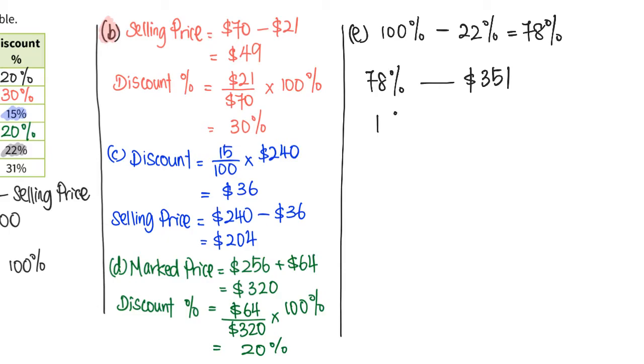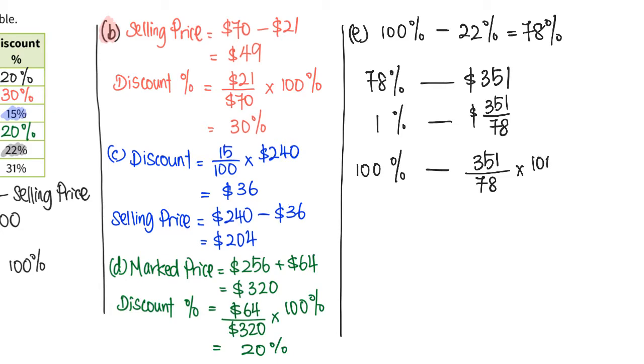And therefore I will be able to get 351 over 78. I must first find my mark price, which is 100%. So it's 351 over 78 times 100%. This will give me $450.